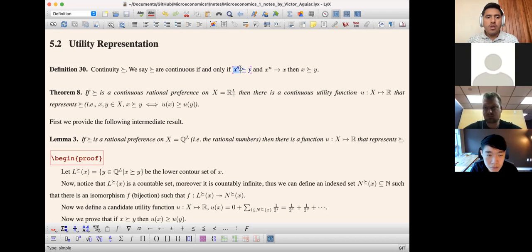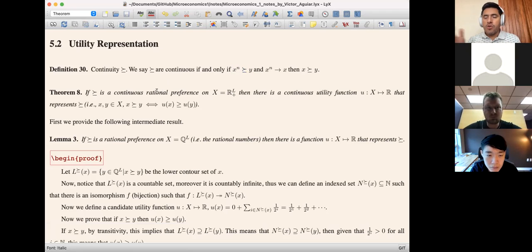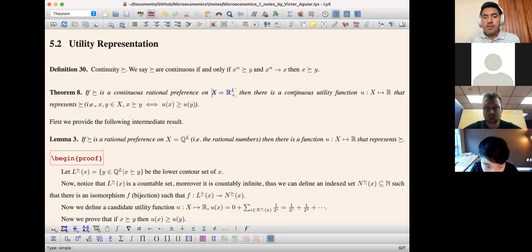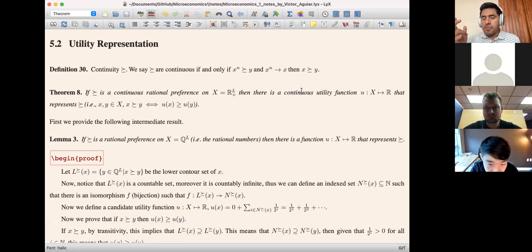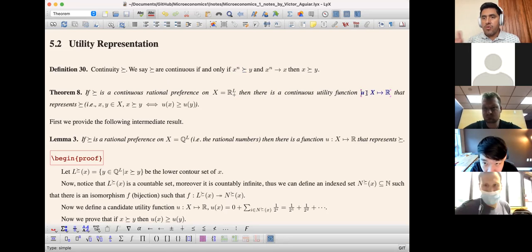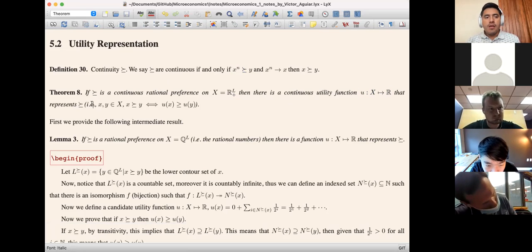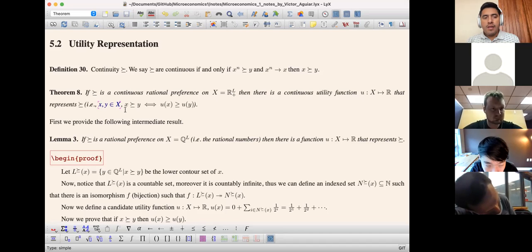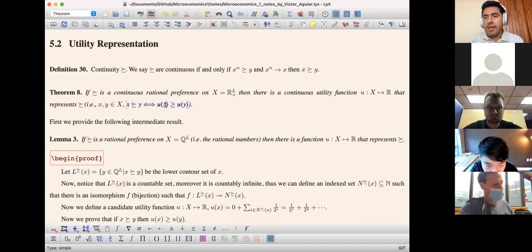With that assumption and rationality, meaning, of course, that the preference is complete and transitive on the Euclidean space, then, and this is the important part, there is a continuous utility function u mapping from X to the reals that represents the preference. When I say represents the preference, I mean that for any x and y in X, x is preferred to y if and only if the utility of x is greater than or equal to the utility of y.